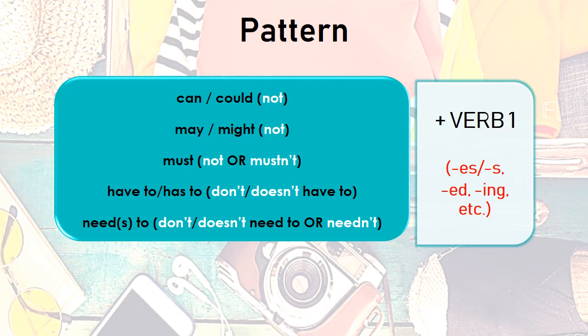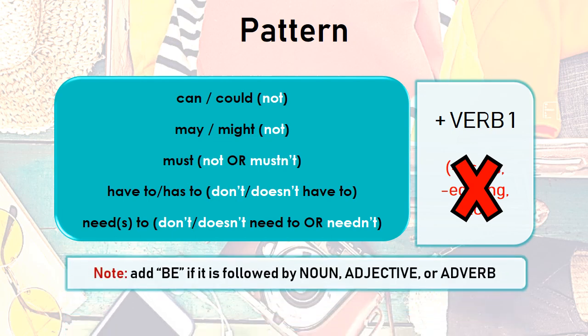Don't have to, doesn't have to. Need to, needs to. Don't need to, doesn't need to, or needn't. Always with verb 1. Note, add be if it is followed by noun, adjective, or adverb.